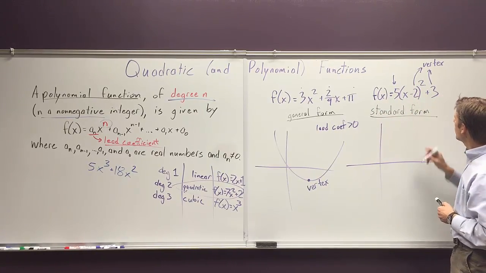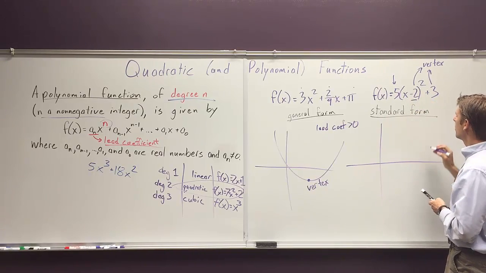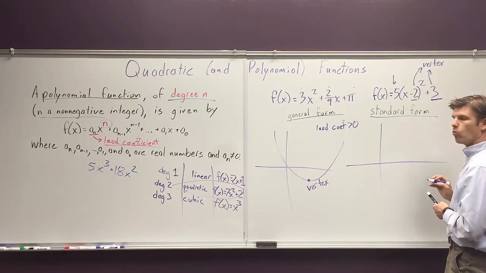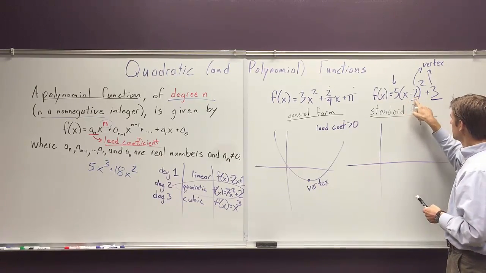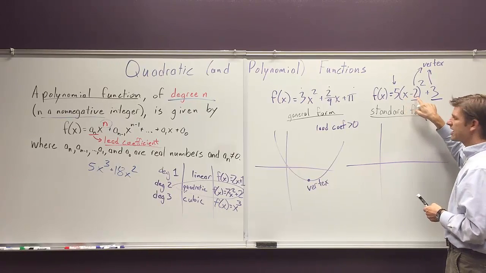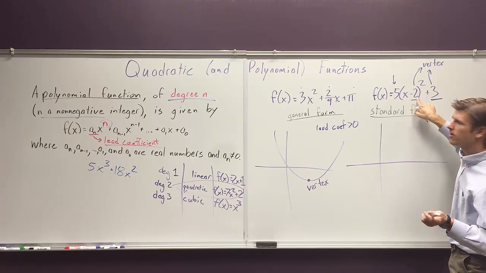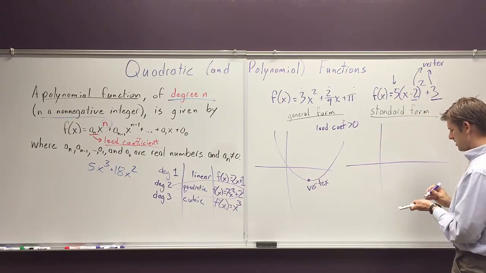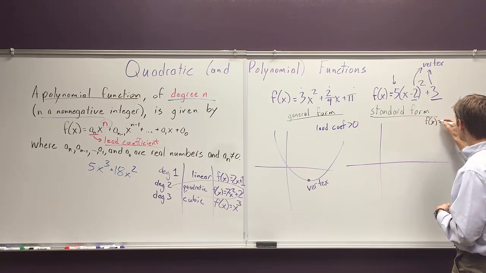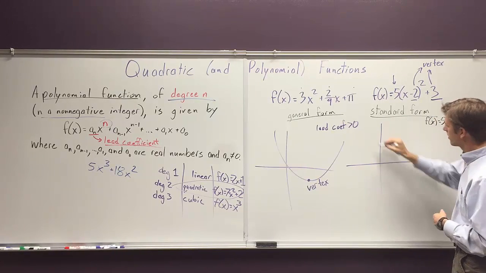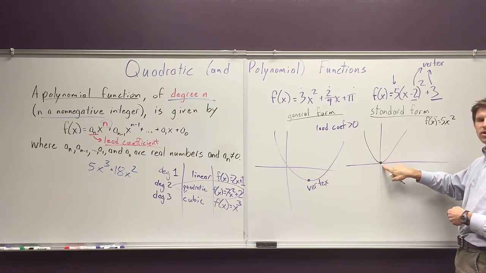In this example, what happens is I can read off the x value of the vertex and the y value of the vertex quite easily. So notice this is x minus 2. If you thought about that as a shift, this might be one way to think about it. Think about the equation f of x equals 5x squared. Well, you know that that looks something like that.